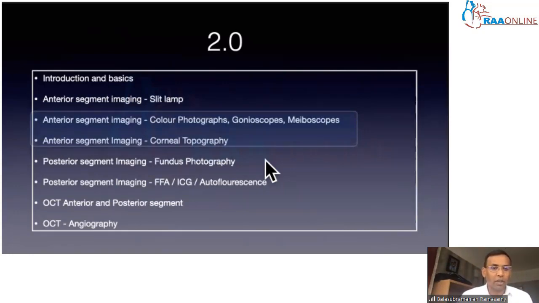And today's talk will be on anterior segment imaging, mainly focusing on color photography of anterior segment, gonioscopes, meibomuscopes, and corneal topography, including corneal mapping. So without much further ado, let's jump into the talk.